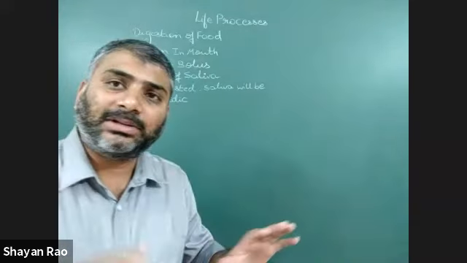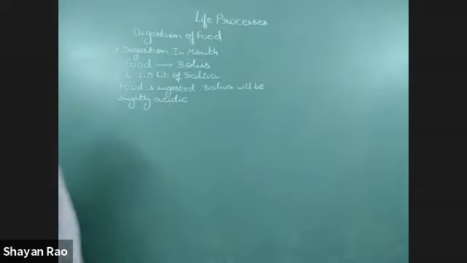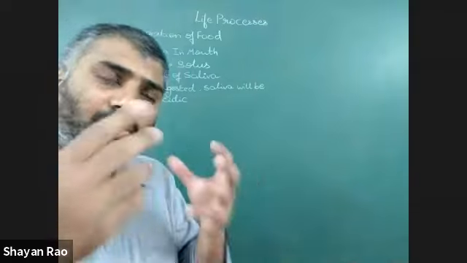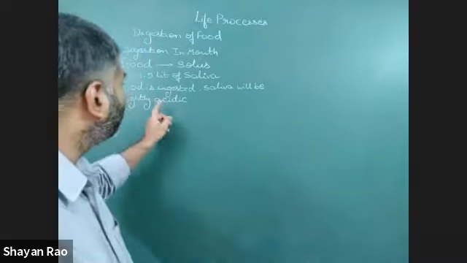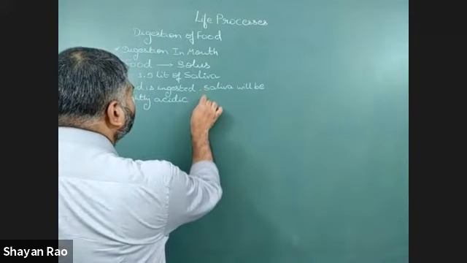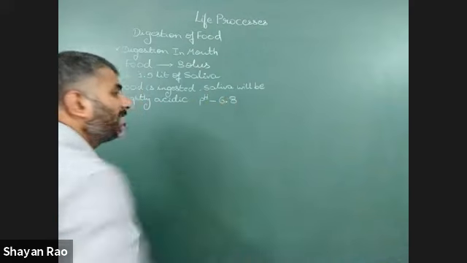Or else, the rest of the time, it will never be acidic; it will be neutral, which means pH 7 all the time. But slightly acidic means what? How much will be the pH? The pH of the saliva solution will be about 6.8.